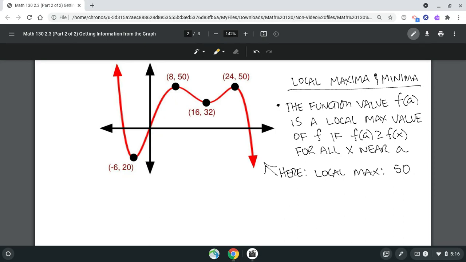Okay, and then our formal definition for local minimum.